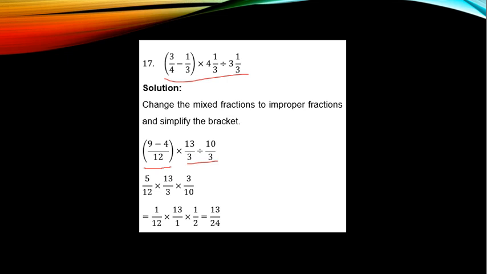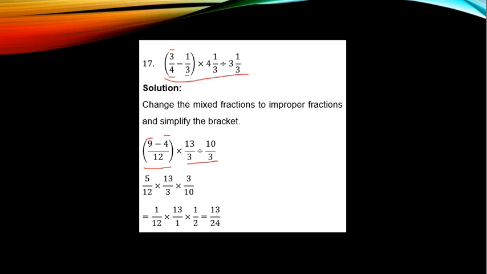And the LCM of 4 and 3 is 12. Divide 12 by 4, you have 3. 3 times 3 is 9. Divide 12 by 3, you have 4. 4 times 1 is 4.